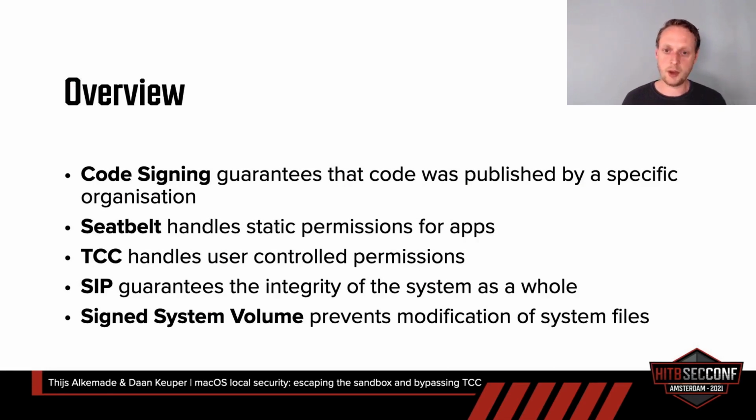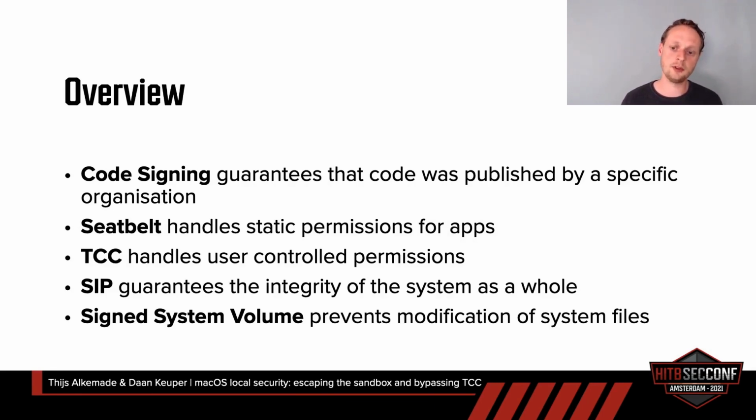To give a short summary of everything we talked about: code signing guarantees that the code was published by a specific organization and was not altered after the fact. The seatbelt handles the static permissions an app has, like read or write access to specific locations.